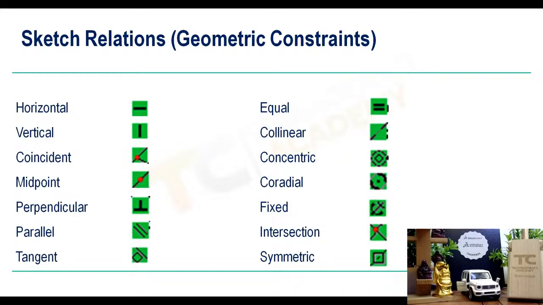Next one is the midpoint. Okay. Similarly, perpendicular, parallel, concentric, equal, and then we have the collinear, coradial, fixed, intersection, and symmetric geometrical constraints.